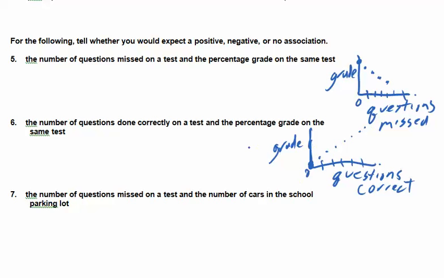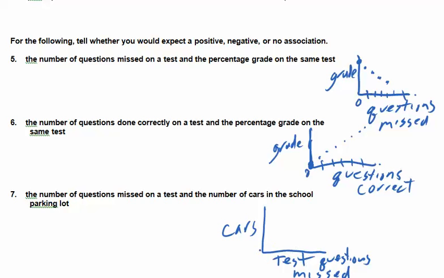And again, down here, this is the independent variable. It happens first. The dependent variable happens second. So the number of test questions missed and the number of cars in the parking lot.